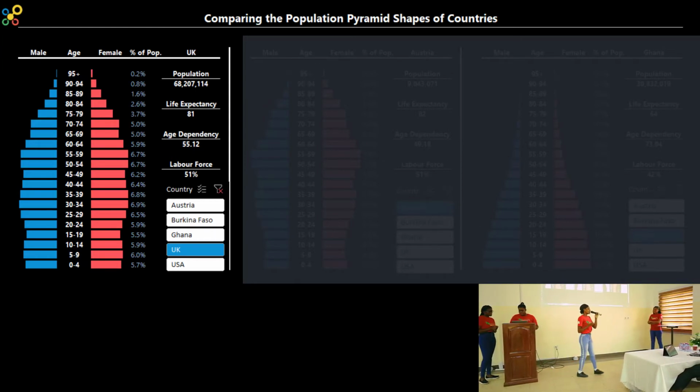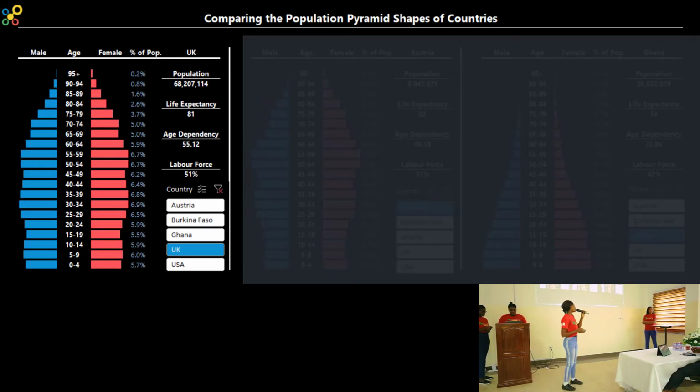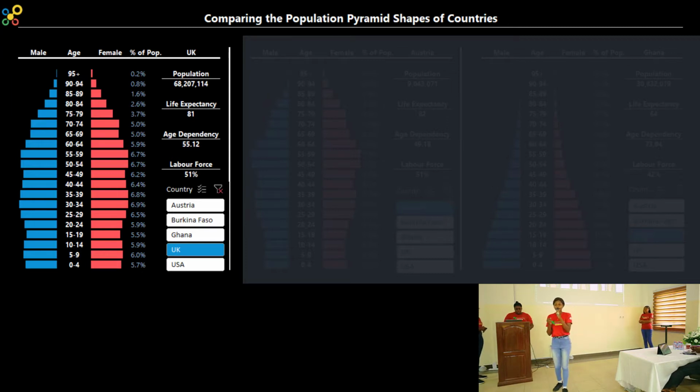What this means is we can describe this type of population as elderly and shrinking. Also, this is notable of countries with high social and economic development, where the majority of the population have easy access to healthcare and education. Not just healthcare and education, but quality healthcare and education.